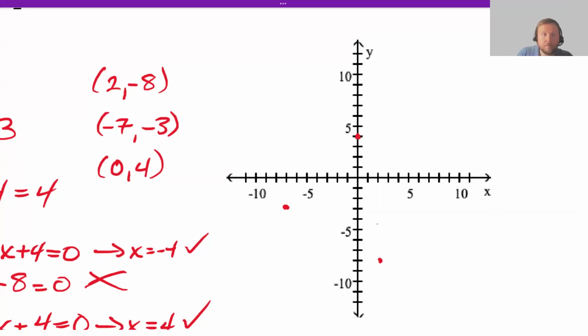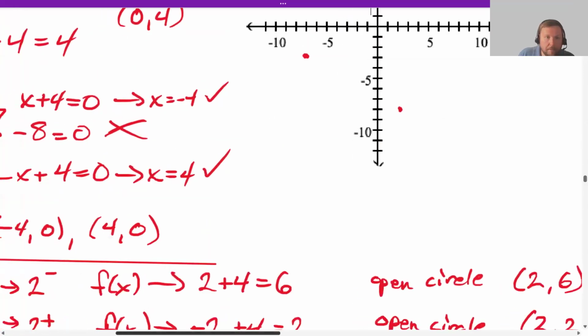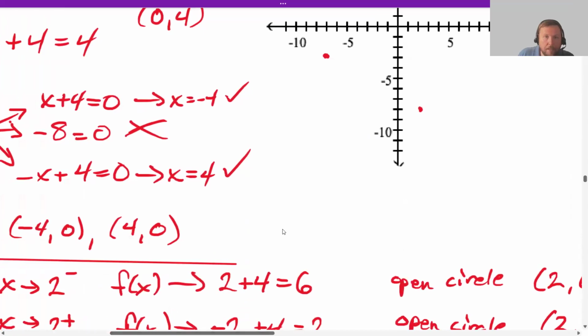Okay, what else do we know for sure? We have negative 4, 0, and 4, 0.